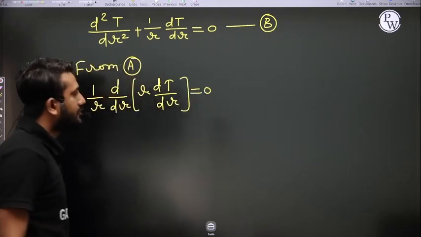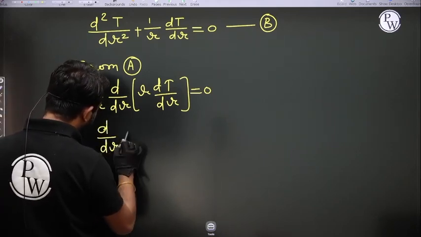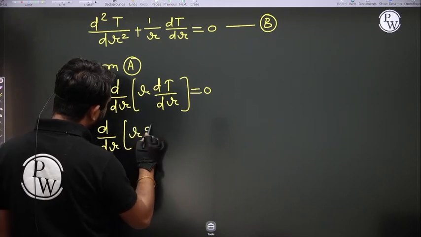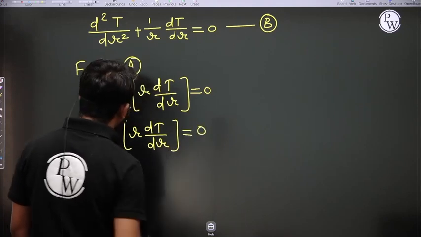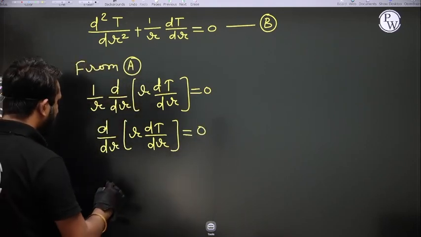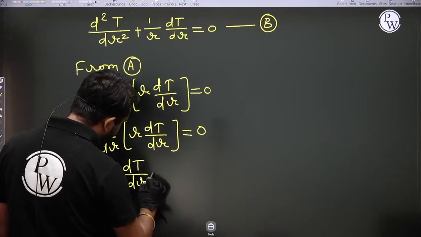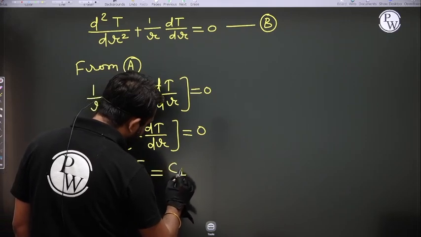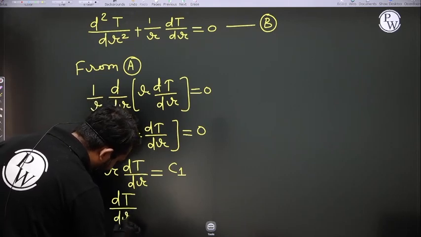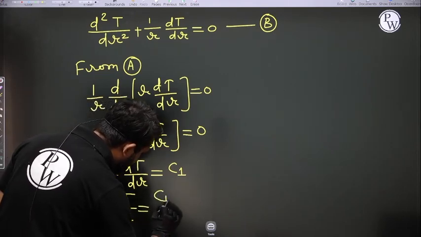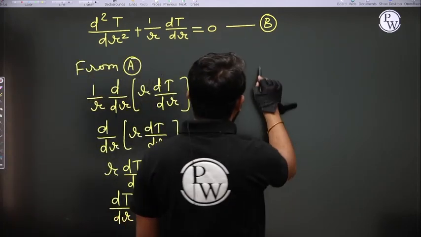Now see, the equation reduces to d by dr of R dT by dr is equal to 0. Now integrate it. If you integrate, you get R dT by dr is equal to an integration constant, that is c1. So from here you can write that dT by dr is equal to c1 by R.